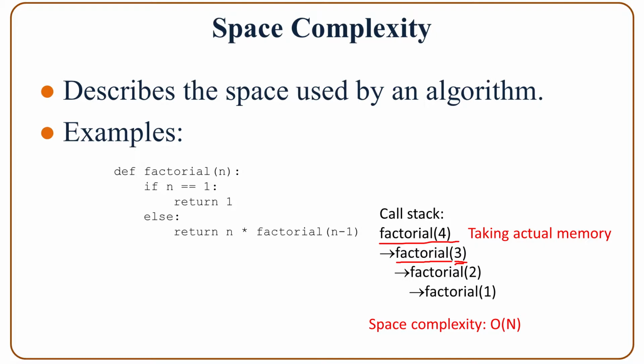And then in factorial of 3, again, it calls itself and gives it 2. So it calls factorial of 2 and then factorial of 1. So this actually takes memory. The space complexity here is O of n, and n is the size of the input.